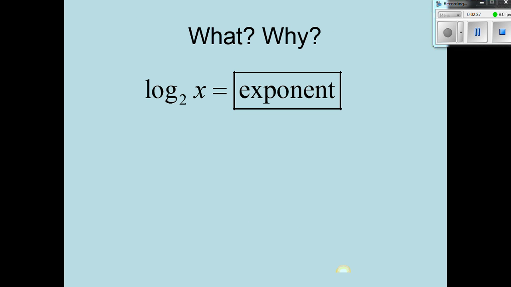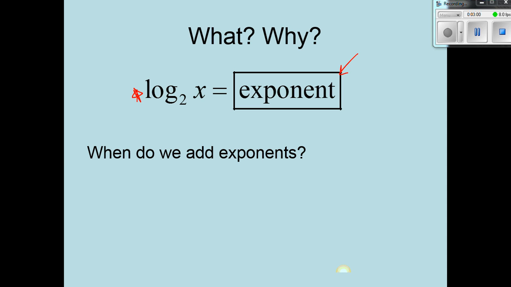Now you're probably thinking, what? Why? Okay, well remember, what does a log do for us? It helps us isolate the exponent. So if we think about exponent properties and exponent rules, hopefully these properties of logs will help you make sense of them.